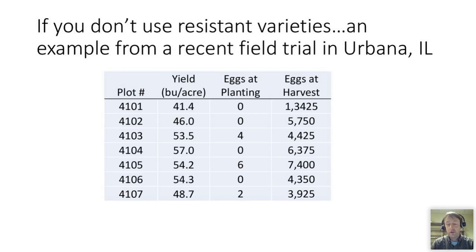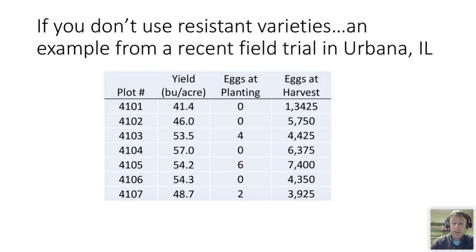I just wanted to illustrate the point of what can happen if you don't use a resistant variety. This was from research plots from a field near us in Urbana, Illinois. These were various plots. We had used a susceptible variety in this particular research, and we sampled at the beginning of the year at planting, and we saw very, very low numbers of eggs at planting.